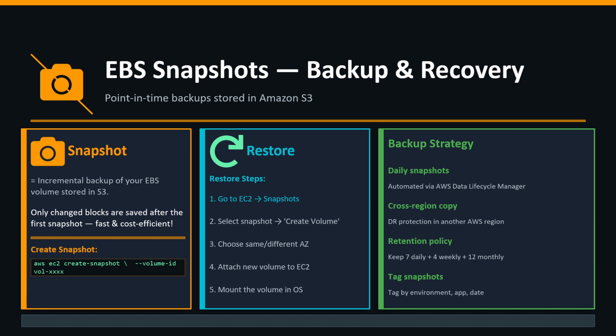Okay, then the restore. How to restore? Go to the snapshot section, create a new volume, choose the same availability zone, attach it to an EC2 instance, and again mount the volume in the OS.